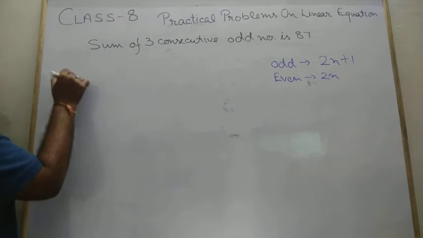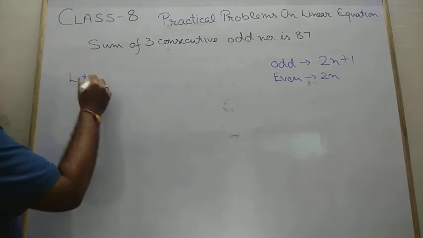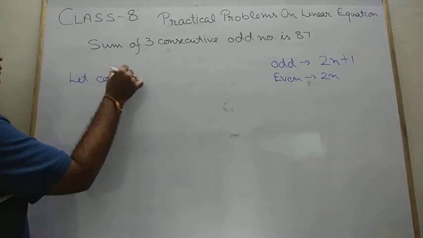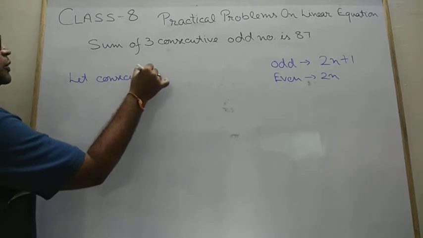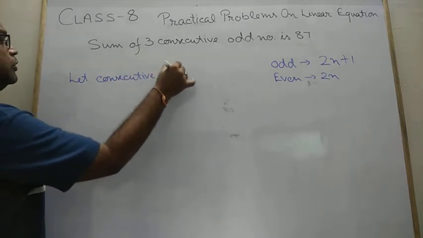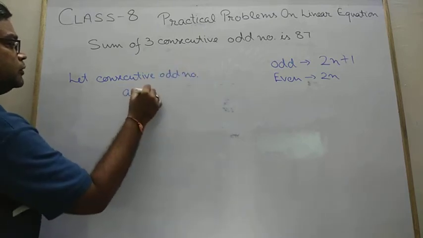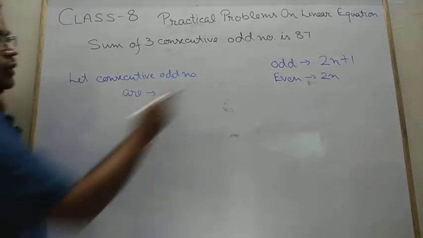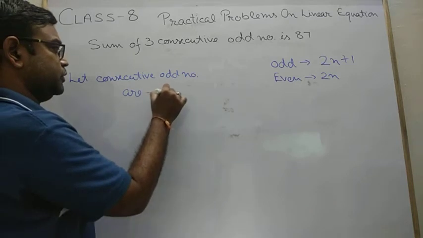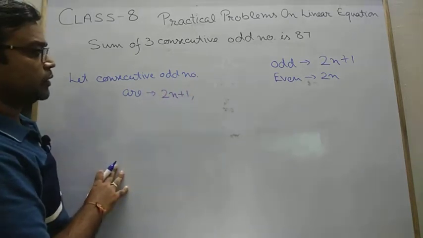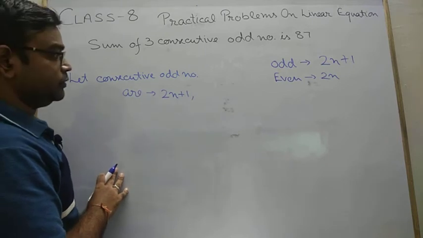In this case, let the consecutive odd numbers be, as we discussed, the first one is 2n plus 1, clear. Then what is the second one?